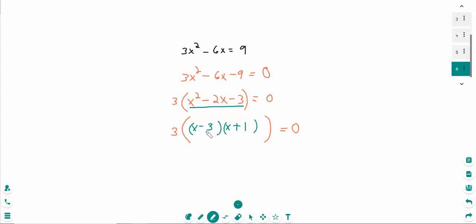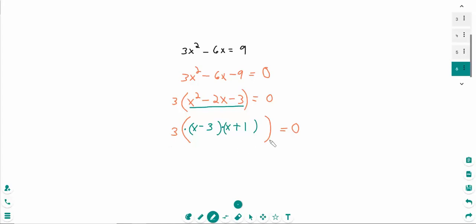We do have some sums, but those sums are being multiplied. So this 3 is being multiplied by this x minus 3. This x minus 3 is being multiplied by this x plus 1. There's no addition going on between these multiplications. So everything is being multiplied if you package these parentheses together. So this 3 really doesn't mean anything in this case.